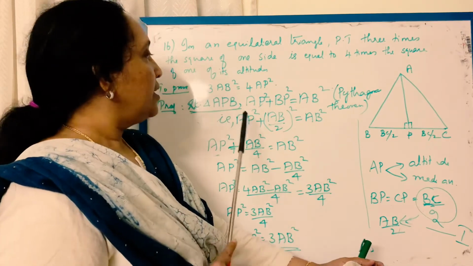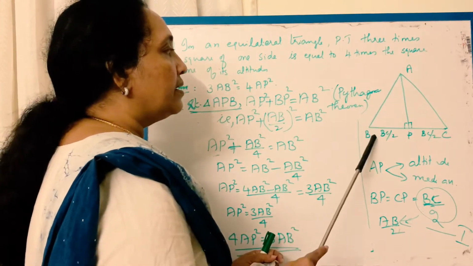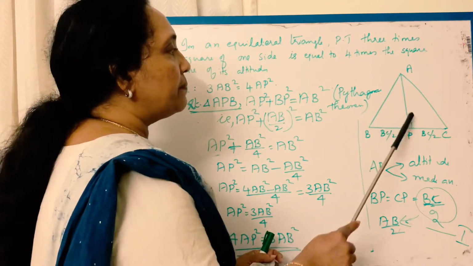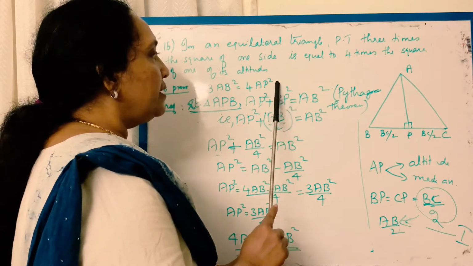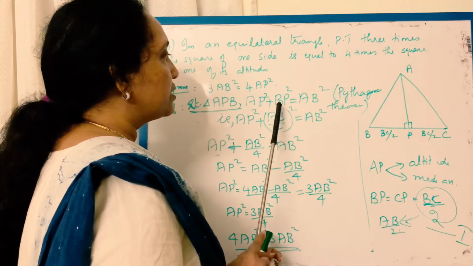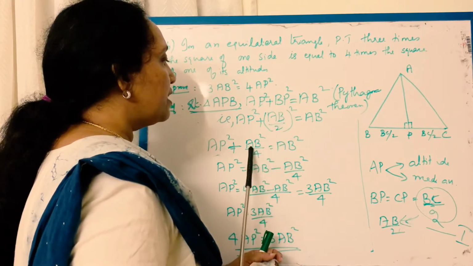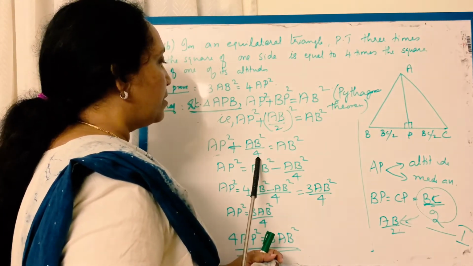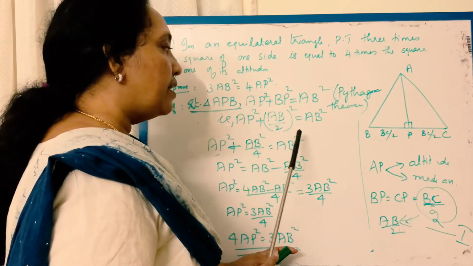Okay. Now in this triangle you apply Pythagoras theorem. You will get AB square is equal to AP square plus BP square. Here we have BP is equal to AB by 2. Substitute that value here. Then AB by 2 the whole square means AB square by 4. Then you take this AB square by 4 to the RHS of the equation.